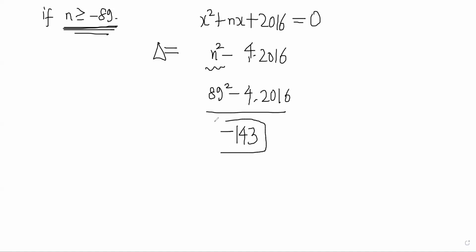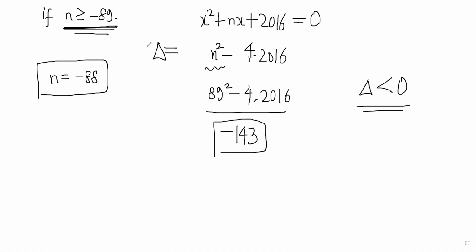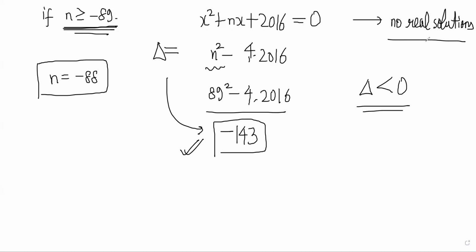This is minus 143. Obviously if you take n as minus 88 or any bigger integer, that will be even more negative. Already at minus 89, the discriminant is negative, right? If the discriminant is negative, then this has no real solutions. So forget about integer solutions. You will not have any real solutions also if n is greater than or equal to minus 89.